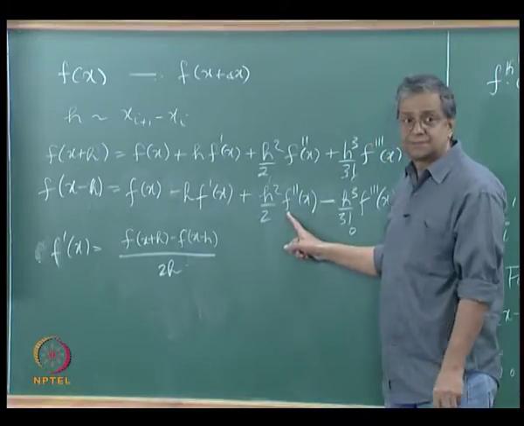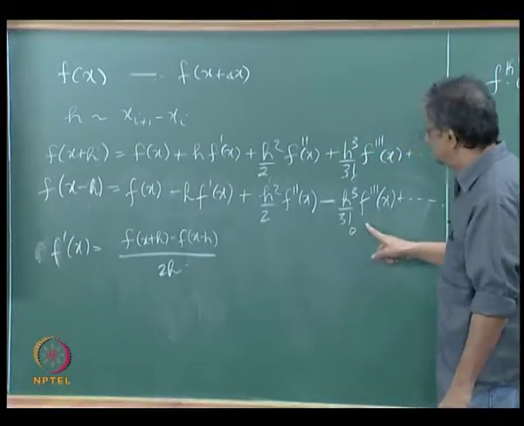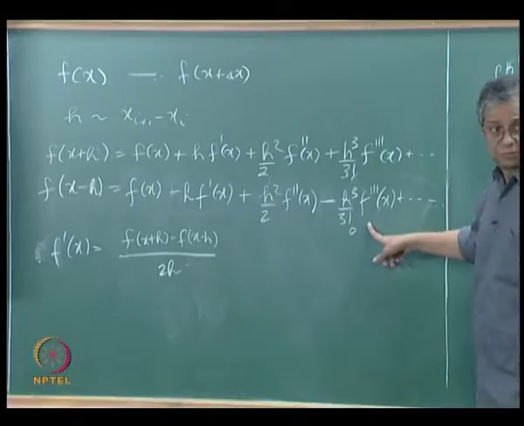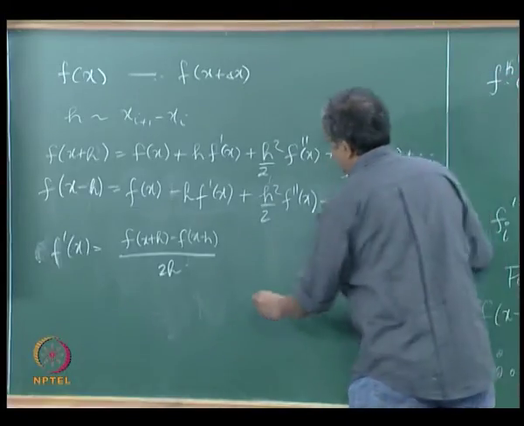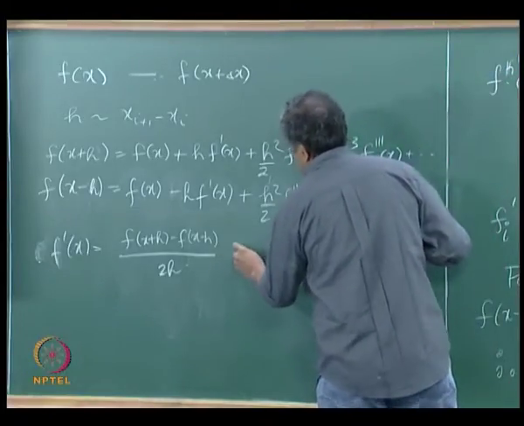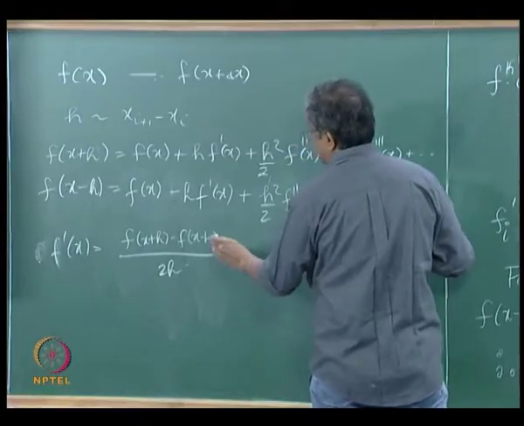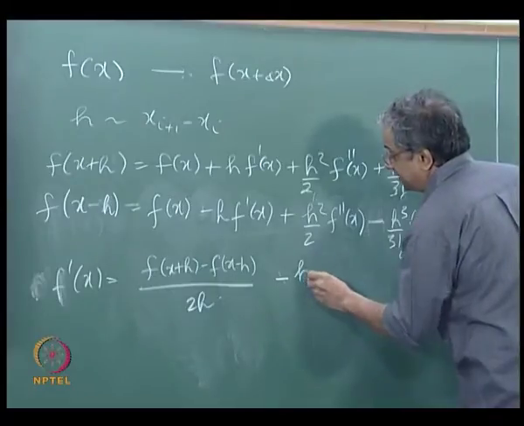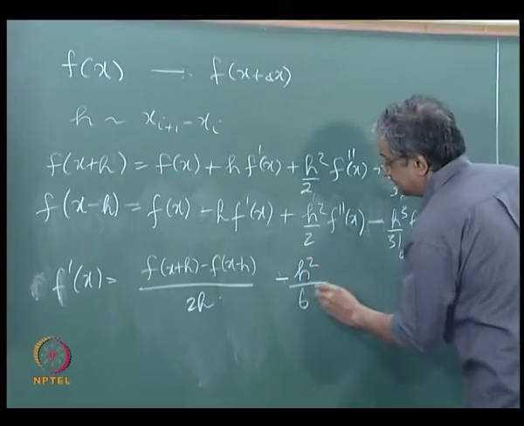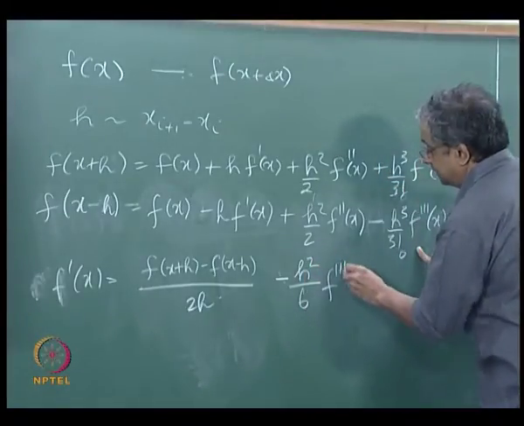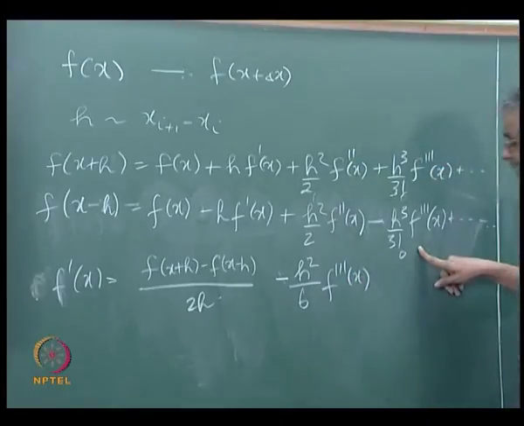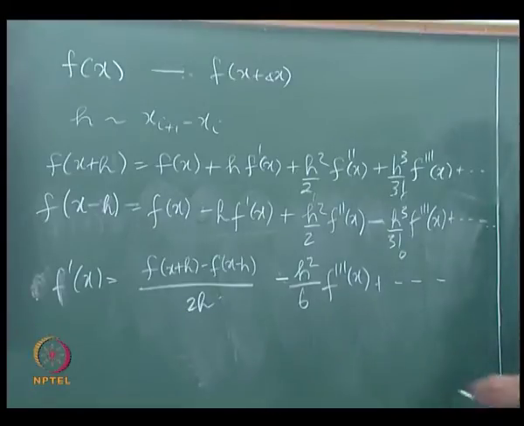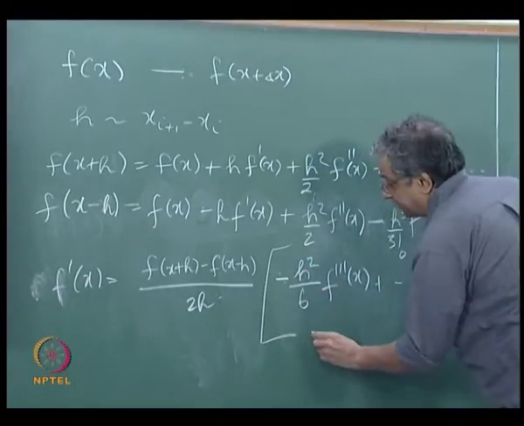What happens to this term? It cancels. There are 2 of these but I divide by the 2, okay, and therefore I get, and we have to make sure that the sign is right. So you have a minus h squared by 6 f third derivative of x and so on and other terms. That would be the truncation error.